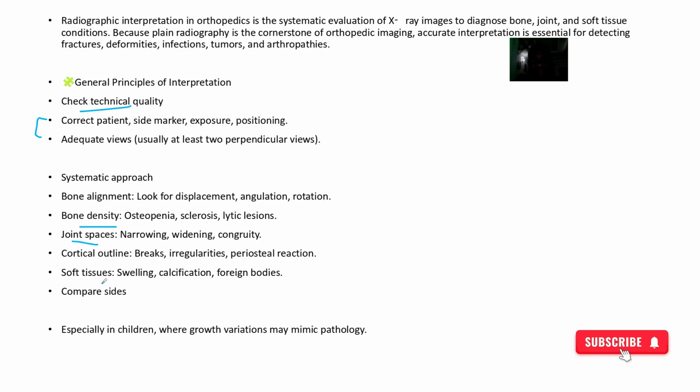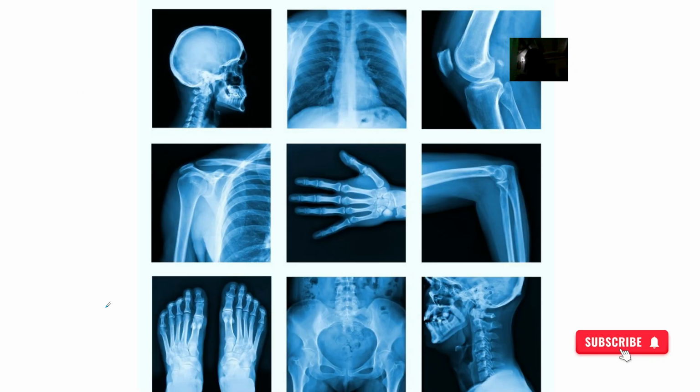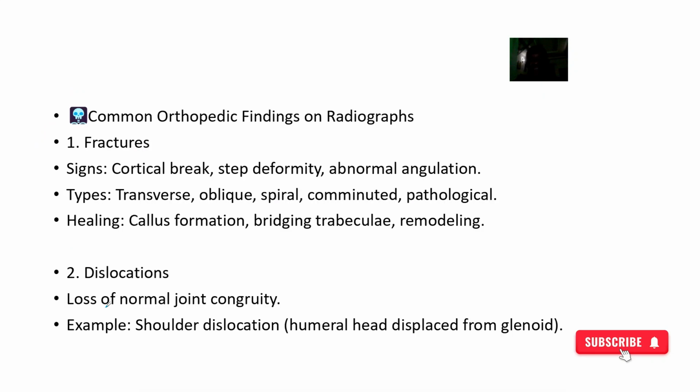Then cortical outline, soft tissues, and of course, if it is something that has both sides, you compare this side and this side, do you understand? So that you see how far the difference has come.